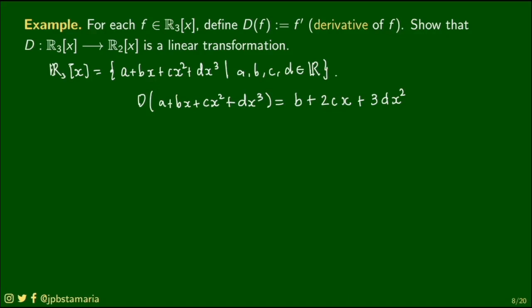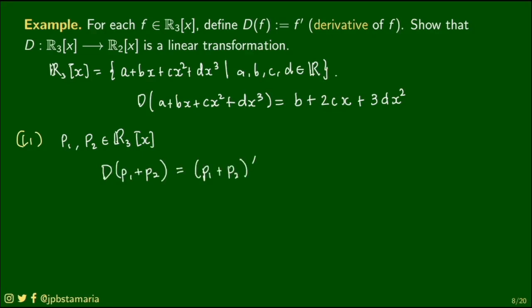We are going to show that D is actually a linear transformation from R3[x] to R2[x]. The reason is because of the following facts from calculus. If I get two polynomials p1 and p2 from R3[x] and apply D on the sum p1 plus p2, you're simply taking the derivative of the sum.